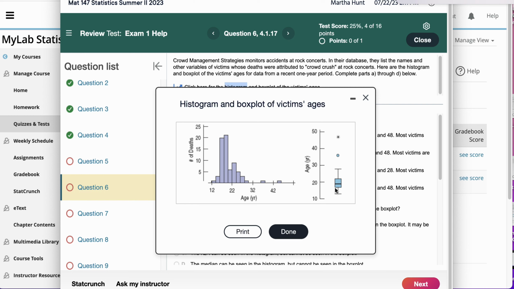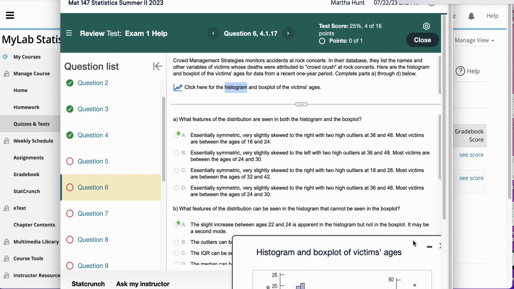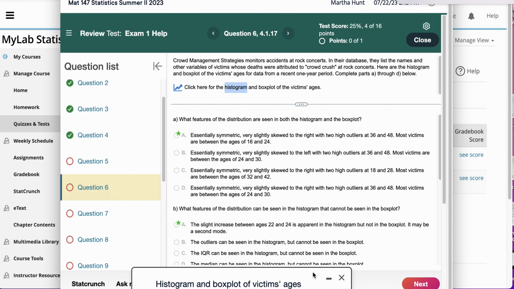The majority, let's do the box plot. This is the middle 50%. This is much better. This would be somewhere between 10 and 20, and this would be a little bit more than 20. Yep, that would be it. The box plot would be easier to answer that feature.